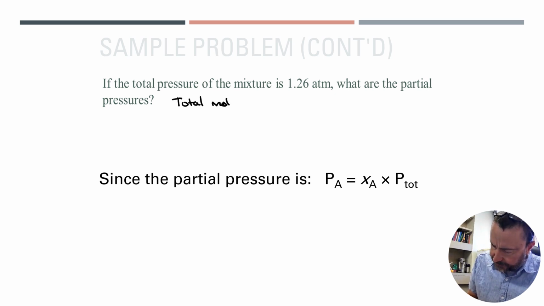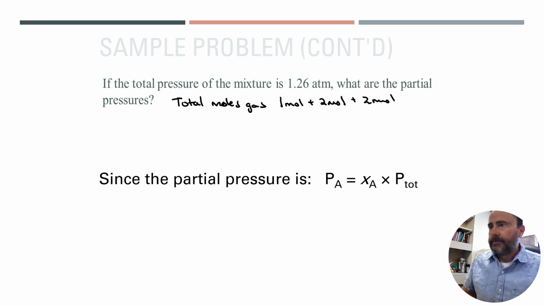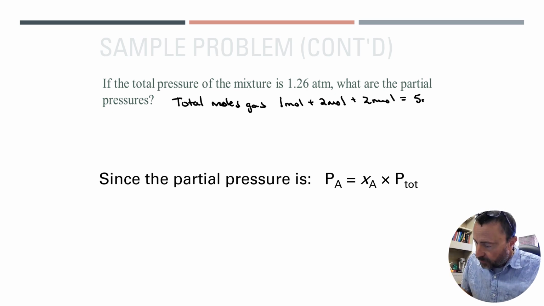Total moles of the gas is 1 plus 2 plus 2. There was 1 mole of our carbon dioxide, 2 moles of water, and 2 moles of oxygen, and there was none of our methane. So that is 5 moles total.